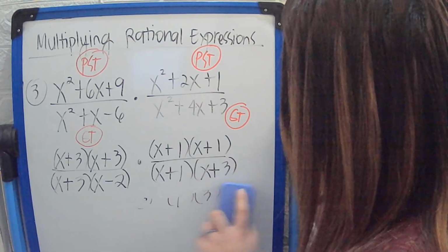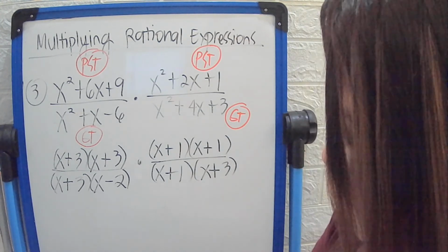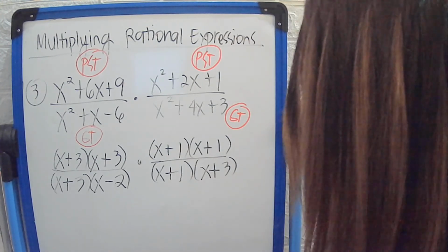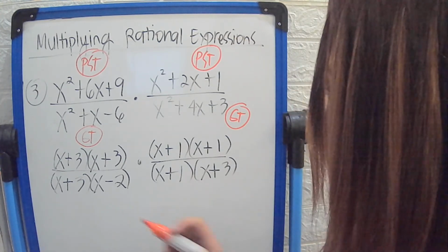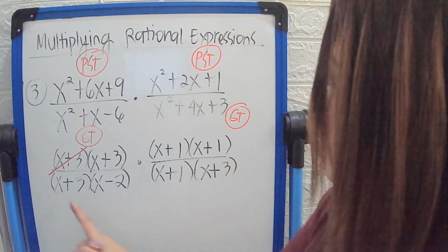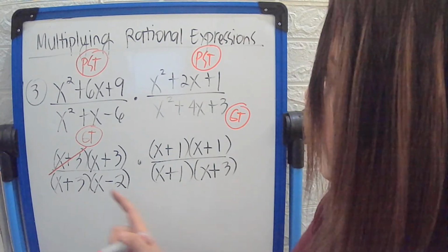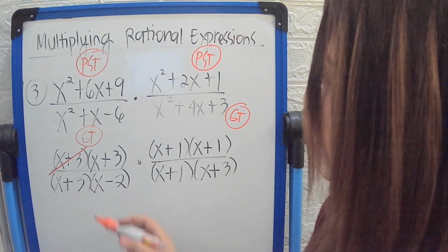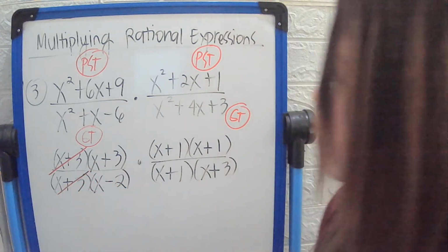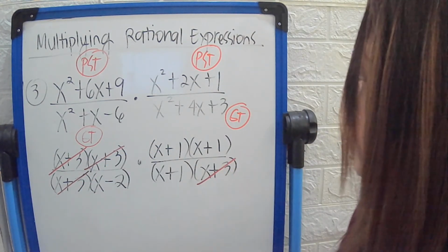Now, let us check if there are terms that are the same in the numerator and in the denominator, so we can cancel them out. You choose which between these two. So let's have this another x plus 3, because we have here x plus 3.